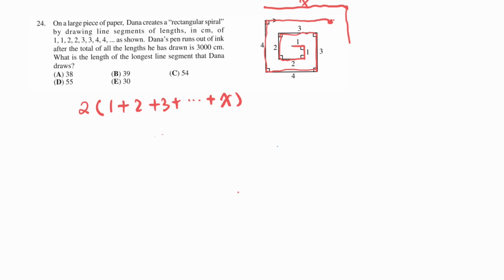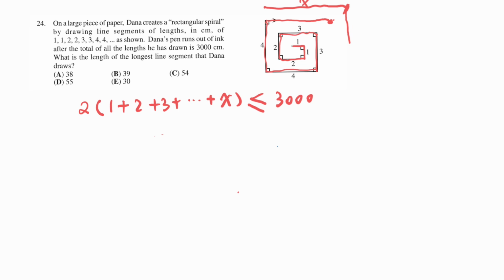The sum of this will be less than or equal to 3,000. If it does not end at just the longest one, it will be less than 3,000. If it ends at the corner, it will be 3,000.